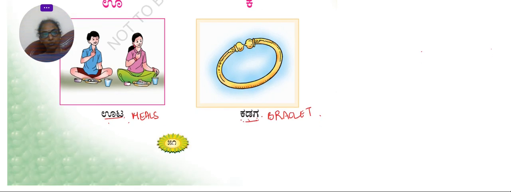It's a type of tree. Then this is Uta. Uta means meals. And ta we saw in lesson 3. Then Kadaga means bracelet. Da was from lesson 3 and Ga was from lesson 1.